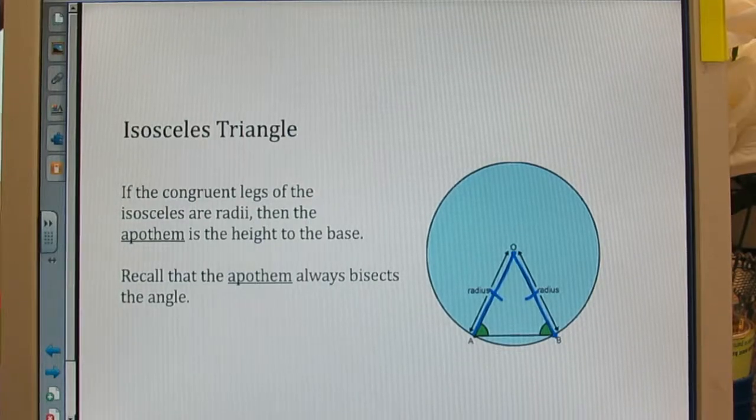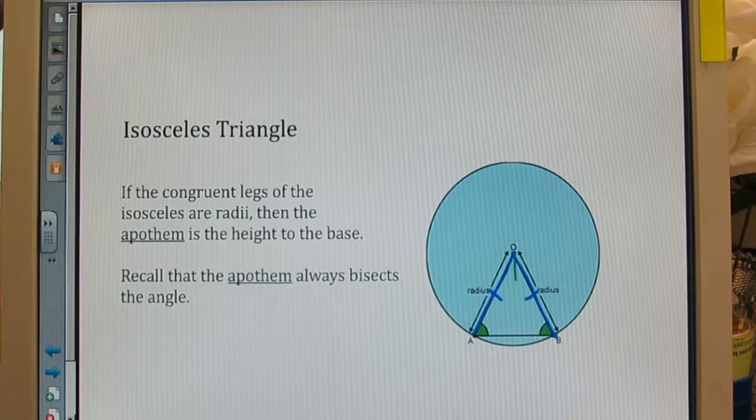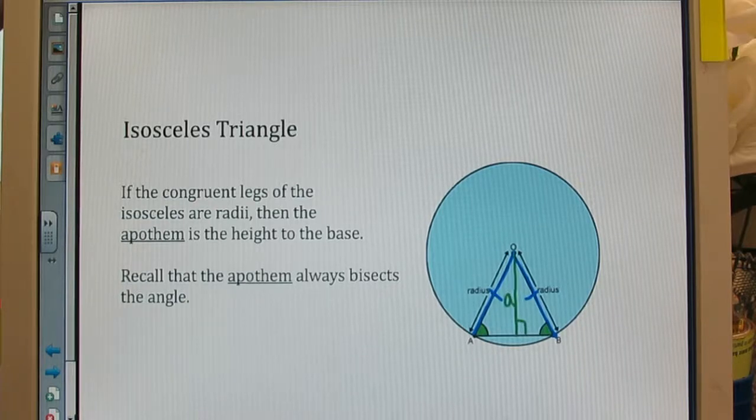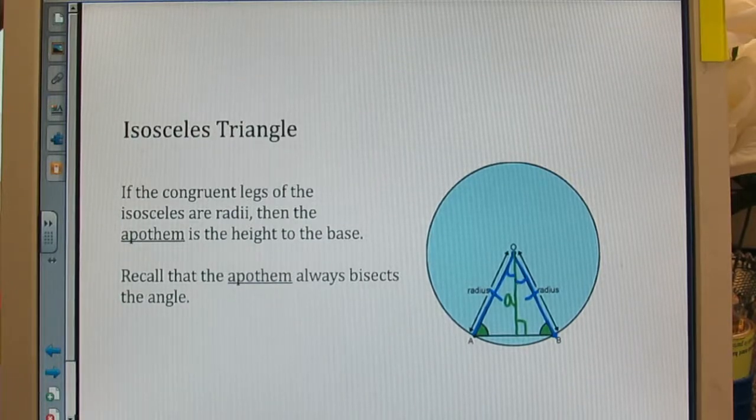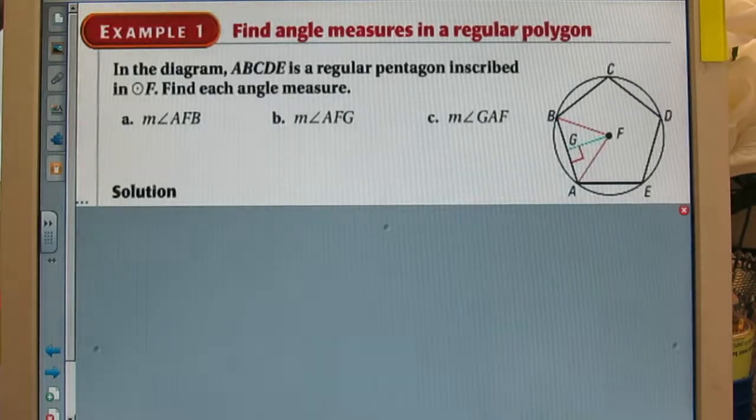Then the apothem is the height to the base. So AB is my base, and my apothem is my height. And so the apothem is always going to bisect this central angle. It's always going to take that central angle AOB and split it in half.